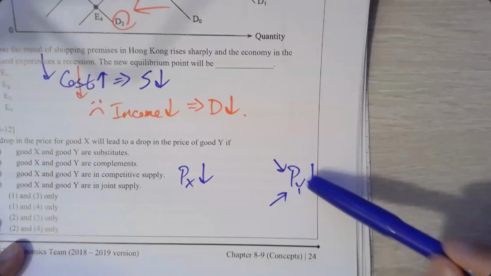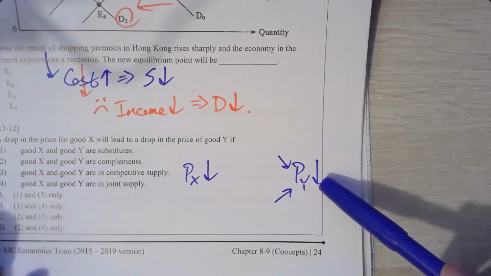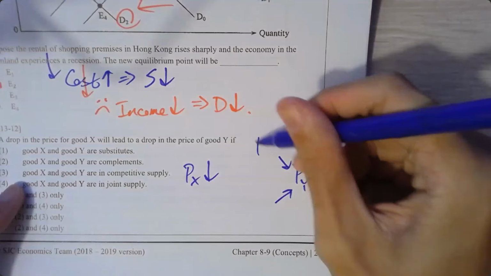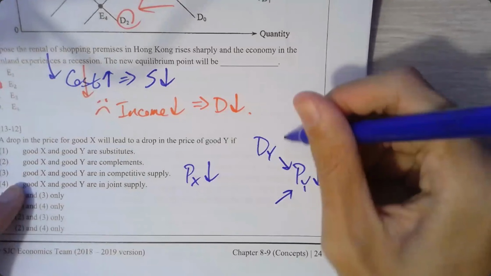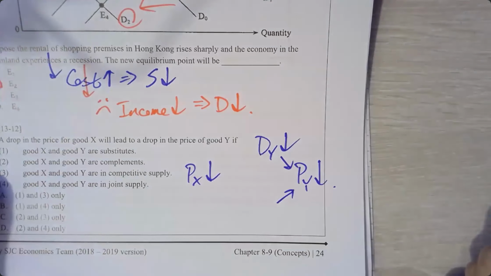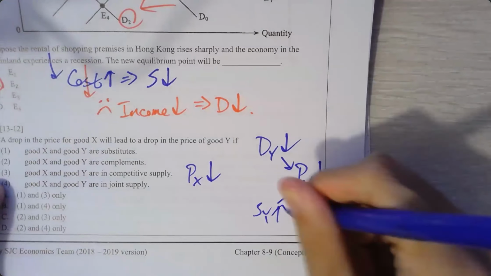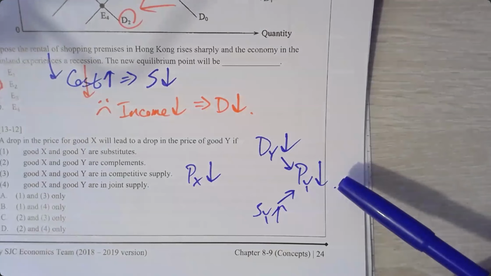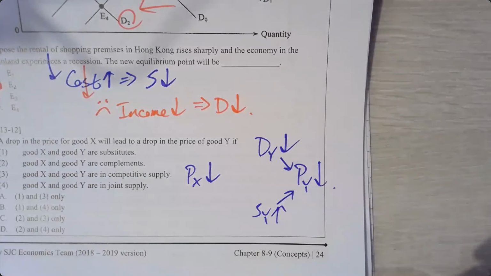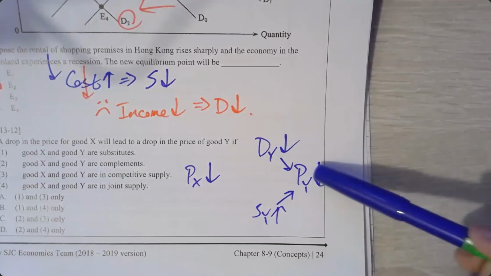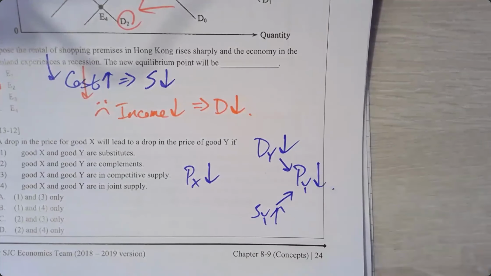What happens to the demand and or supply of good Y? Is either demand of Y decreases or supply of Y increases. 是但一邊嘅啫。Okay, only these two possibilities such that P of Y would decrease.